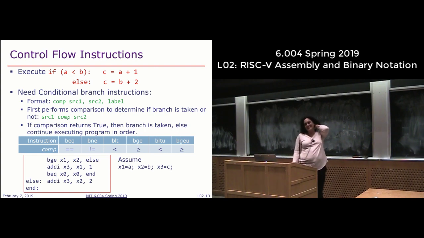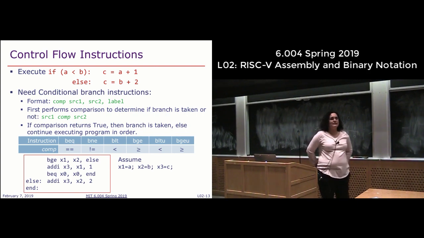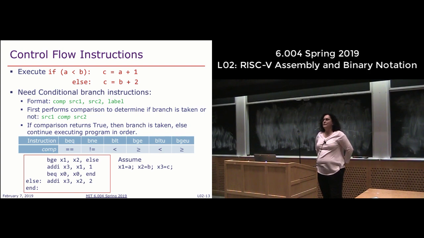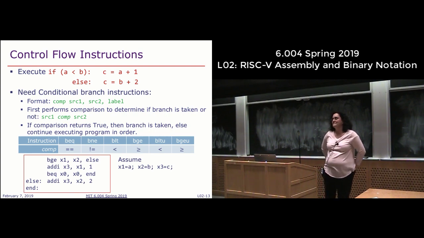I'll get to that example in a second. Let's first translate this if-then-else statement, okay? So you'll see that the first instruction that I show here in my translation is branch greater than or equal to, rather than BLT. Why is that? If my if statement says A less than B, what am I doing? Yes? If you want to jump to the else if it's greater than or equal. Exactly.